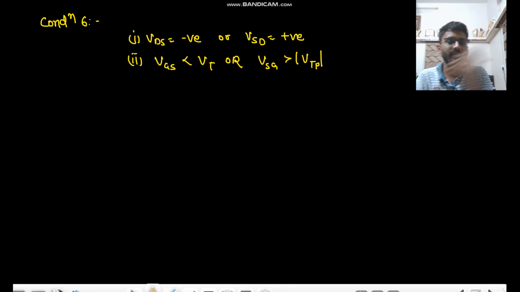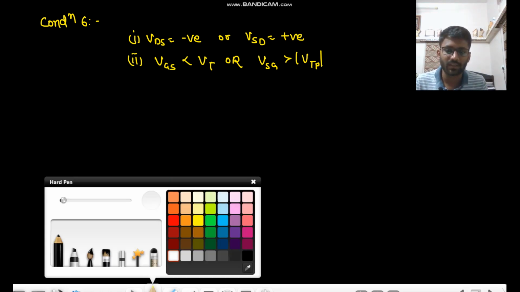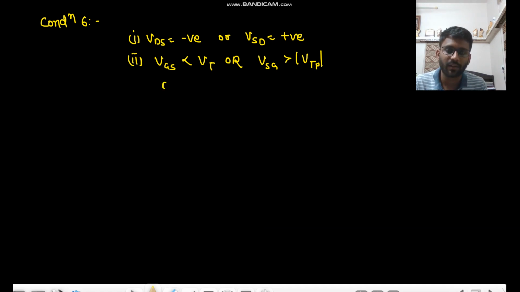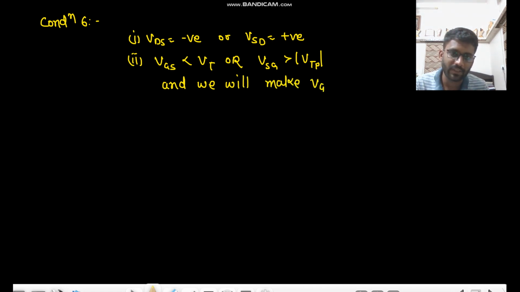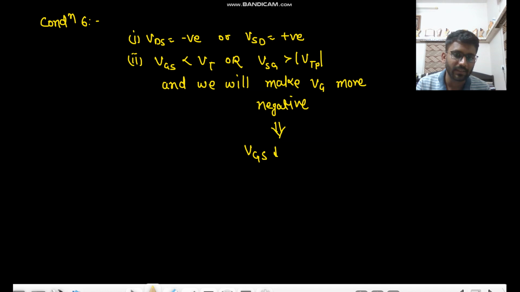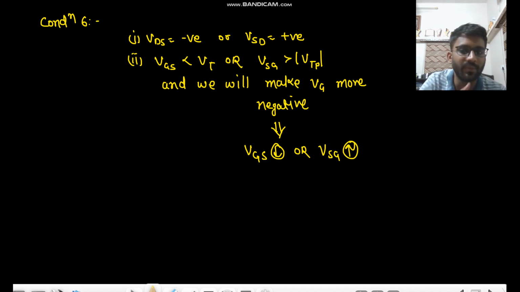Now we will increase VSG, or decrease VGS, and we will make VG more negative. That means if we are making VG more negative, we are decreasing VGS, or increasing VSG.